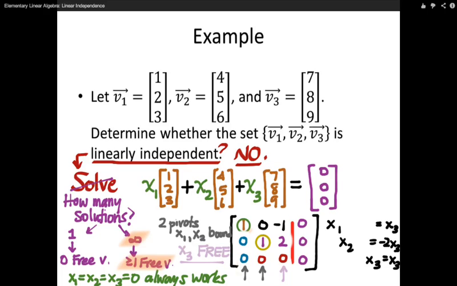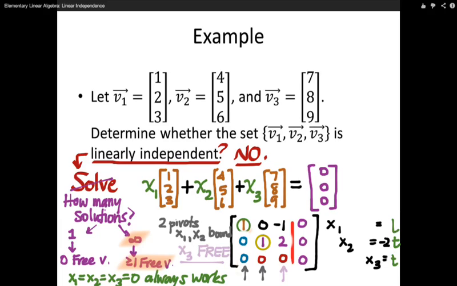Then to get this into parametric vector form, we would just replace the x3s on the right-hand side by a new name. We would just call them t. Right? So if x3 is given the parameter value t, then x2 is equal to negative 2t, and x1 is equal to t.